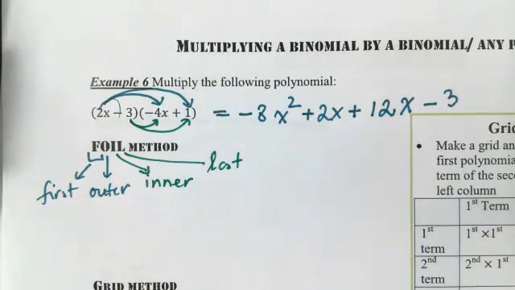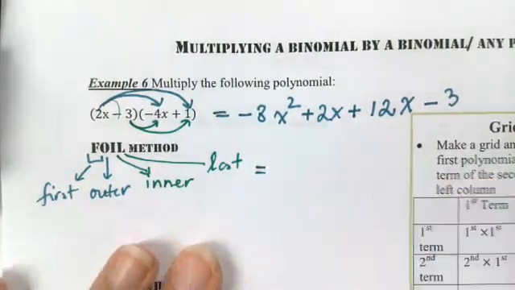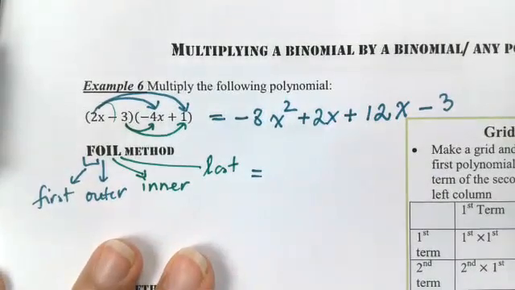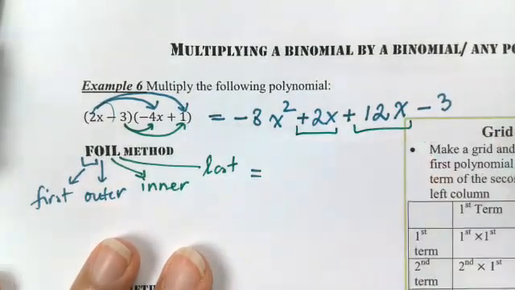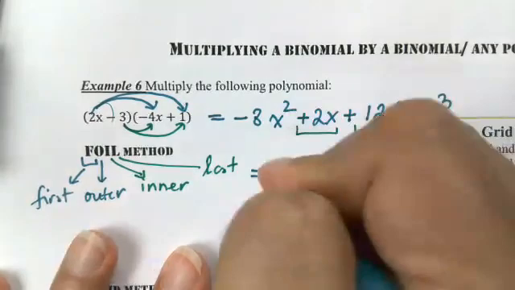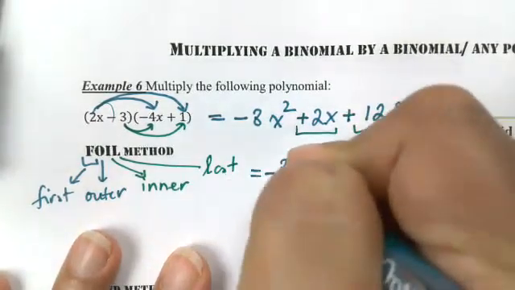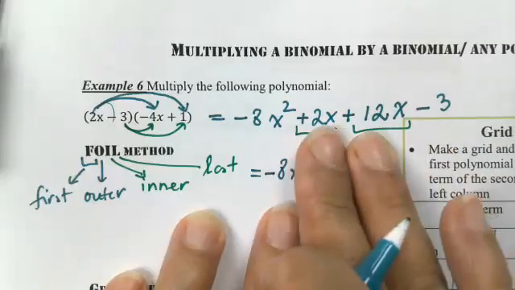Now, you sometimes end up with some like terms. When you do, you're not done yet. You have to simplify. You have to put them together. So what are our like terms in this expression? 2x and 12x. We can put them together and rewrite it as 14x. So negative 8x squared, we just copy. These two, we blend them together.